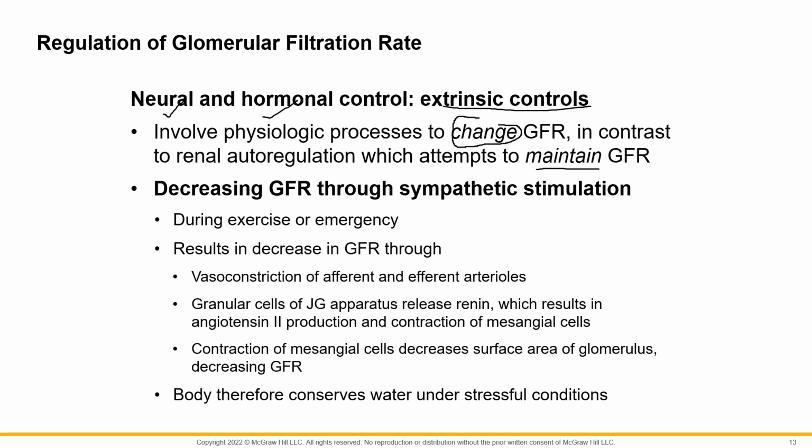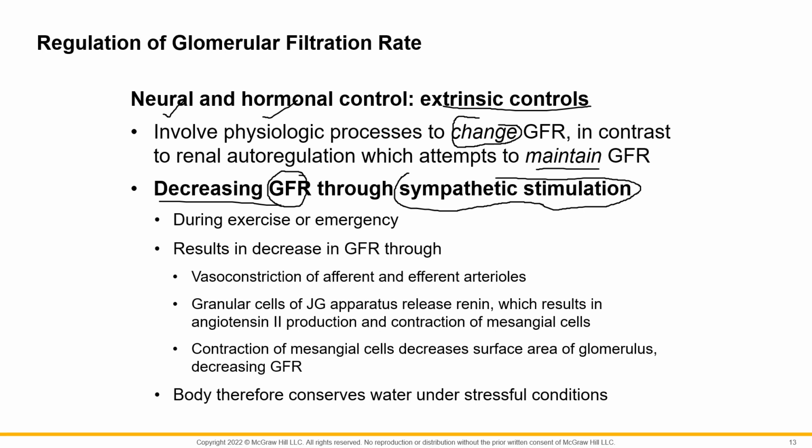So if your GFR went high, right? Your blood pressure got too high, which is why there's more blood going into your nephron. More blood going into your nephron equals more filtrate, and therefore you have increased GFR. Now to fix that, you have to decrease GFR. And that happens by sympathetic stimulation.